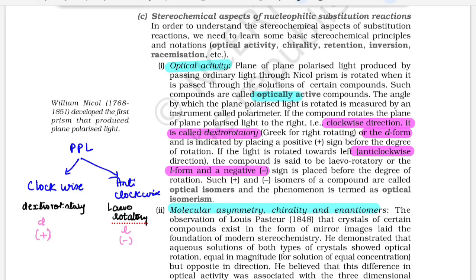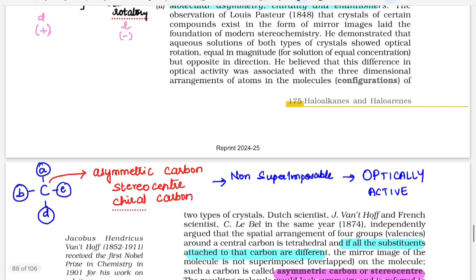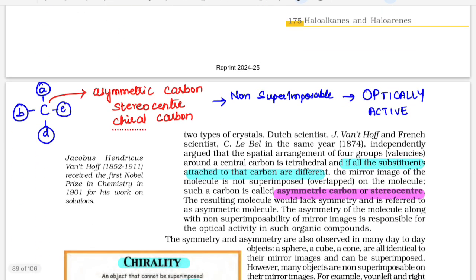And how do you represent it? D or plus symbol. If it is rotated in the anti-clockwise direction, it is the L form, and you represent it as minus. Then molecular symmetry, chirality, enantiomer. Here, this is the carbon atom.